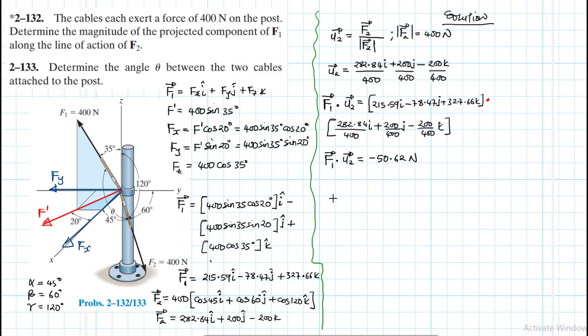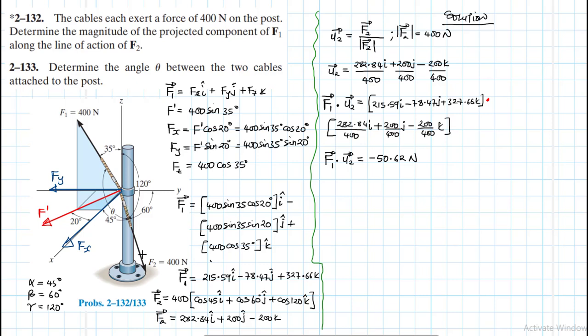The minus says that instead of the magnitude facing in the direction of the unit vector, it is facing in the opposite direction. Let me draw where this is facing so that you see it there. It is in that direction like that. It is still along the same direction as F2. The only thing is just the opposite direction.